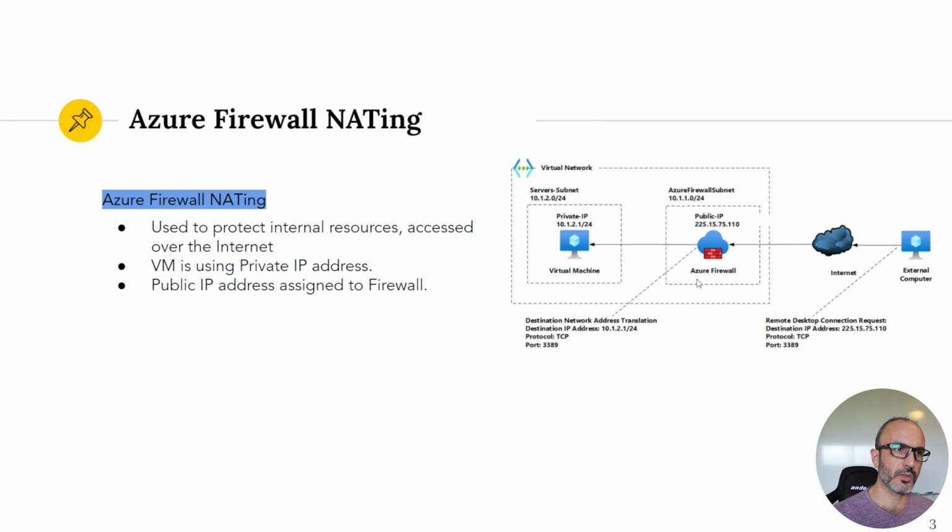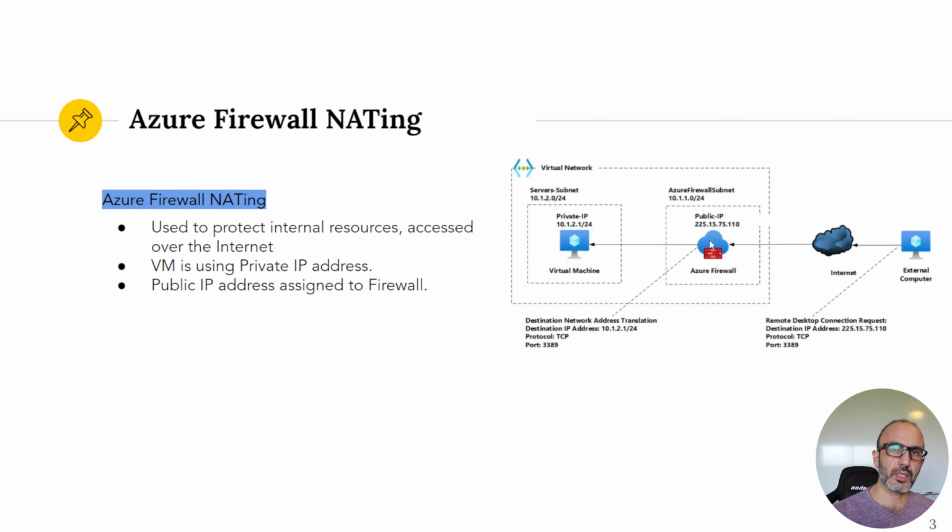In here, we are using the Azure Firewall to perform NAT-ing, where you assign a private IP address to your virtual machine, and then you want to access the machine from the internet, and for that you need a public IP address. So instead of exposing your virtual machine to the internet, you put it behind a firewall. You assign the firewall the public IP address, and when you remote to the machine from your external computer, you would use the public IP address of the firewall.